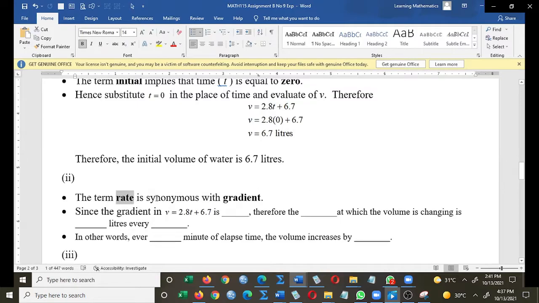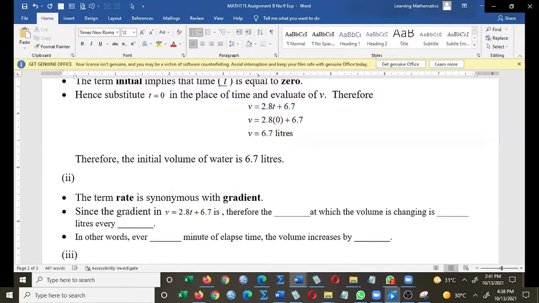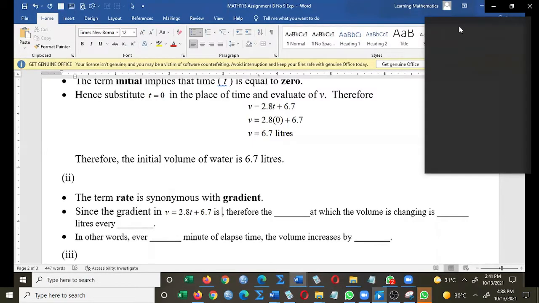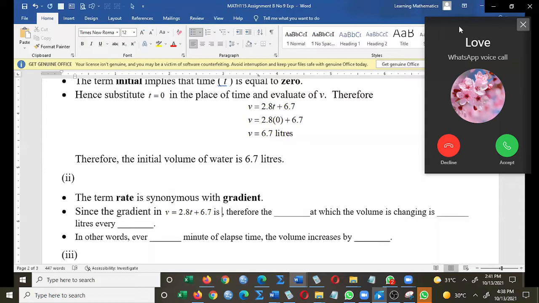Yeah. So since the gradient in V equals 2.8t plus 6.7 is, help me complete. What is the gradient here? Someone said the gradient is 6.7. Does anybody agree or differ? 2.8. I would say 2.8, since the t is with the 2.8.